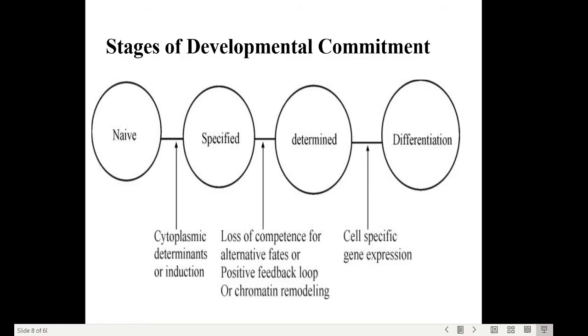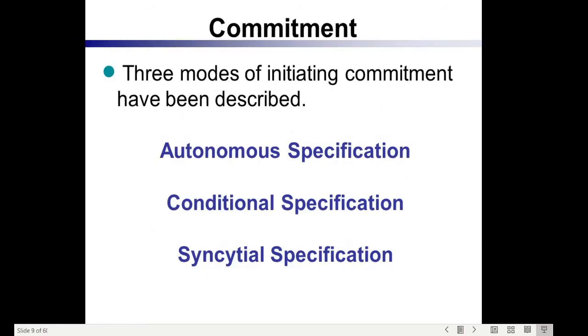After a particular period, there is loss of competence for alternative fates, a positive feedback loop where the cells produce enough tissues and stop. After that comes determined, then cell-specific gene expression happens in the particular cell, which differentiates into various tissues.